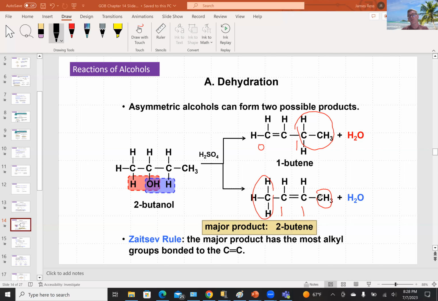If they both had 2, we would look for the longer chain. We'd look for any difference we could. And if we come up with examples that are that close, we'll look at examples. And obviously, if the molecule is symmetric, we won't notice a Zaitsev product because the product that's formed will be identical in either case. So anyway, that's the Zaitsev rule.